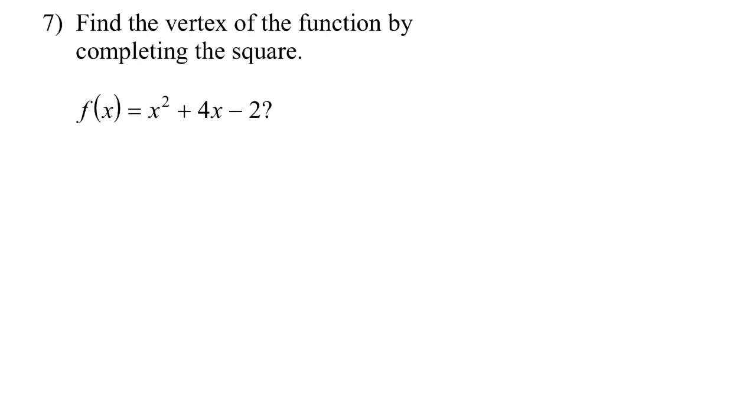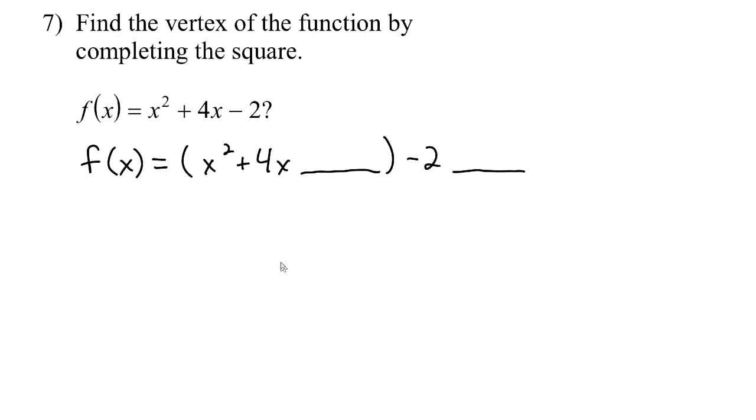Find the vertex of the function by completing the square. Completing the square is a big part of this, so yeah, it makes sense that we have to do it a few times. I'm going to leave it in function notation. Put the first two terms into the parentheses, and the constant, and another space.